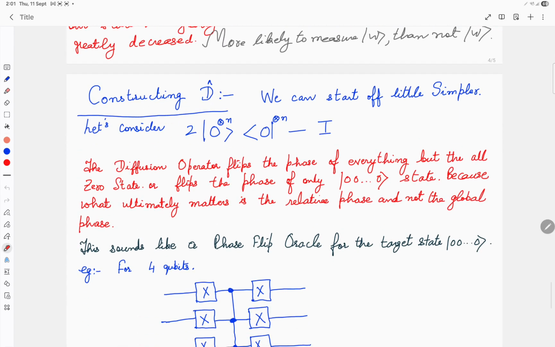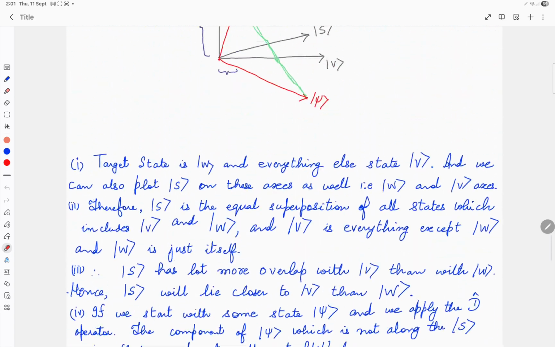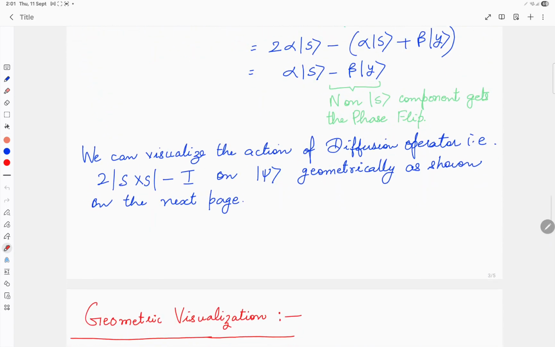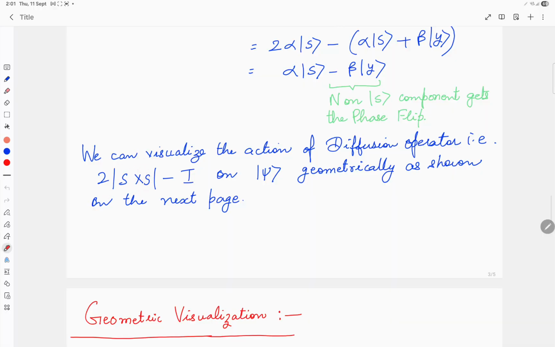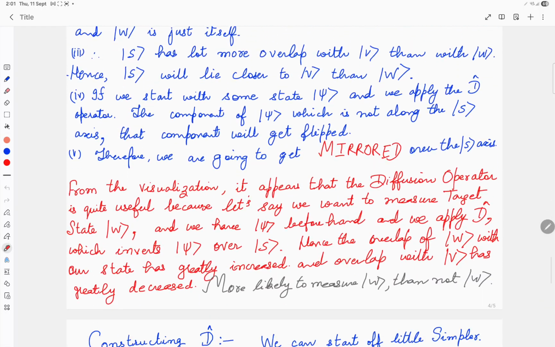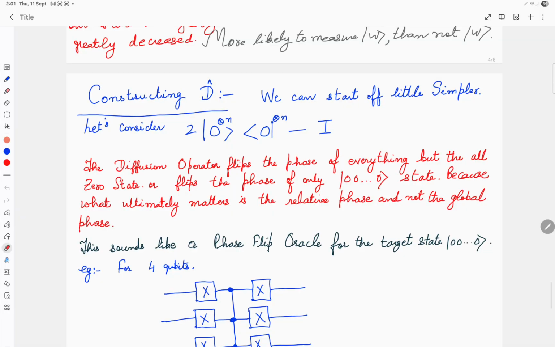Now we can construct D also. Let us see how to construct the diffusion operator. We know that the diffusion operator is given by twice the outer product of S minus I, but we can start a bit simpler. We can start with an all zero state.